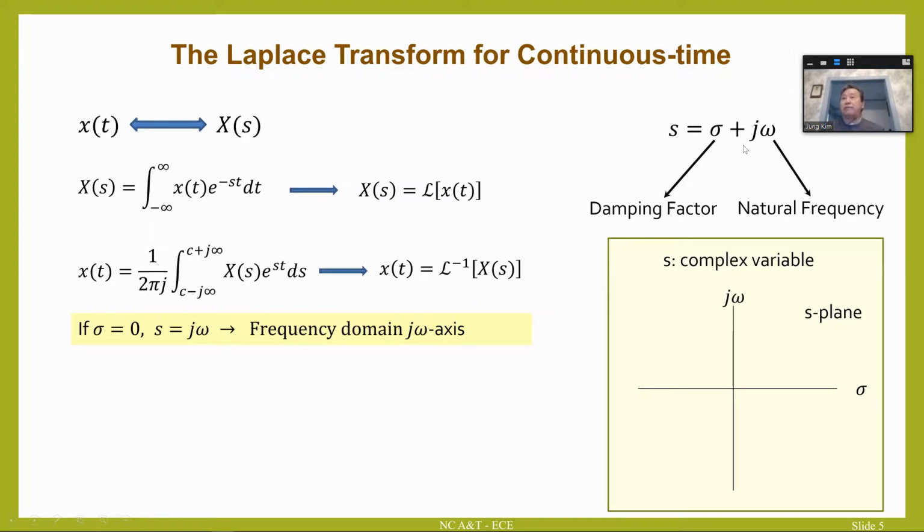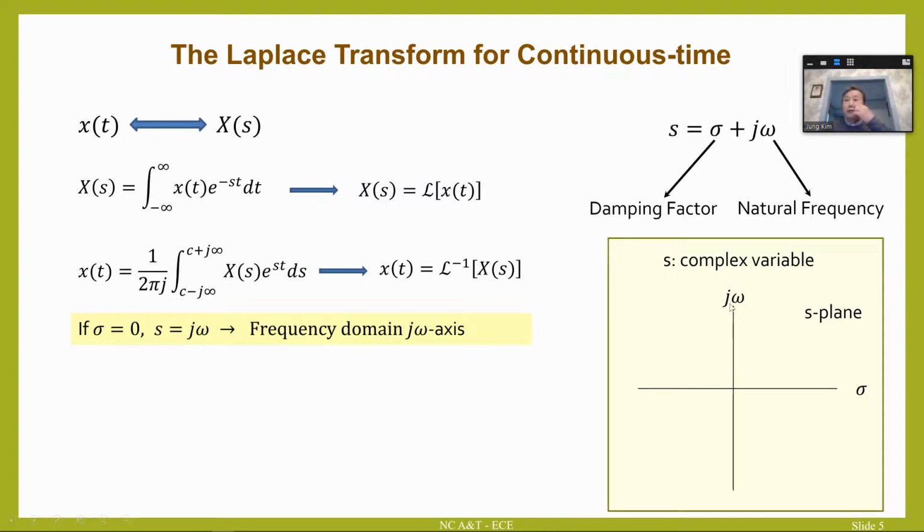Sigma represents the damping factor, and omega is the natural frequency, oscillatory. We represent it complex in the s plane, where the real axis is sigma and the y axis is j omega, the frequency domain. With sigma equal to 0, s equals j omega, and that goes to the frequency domain.